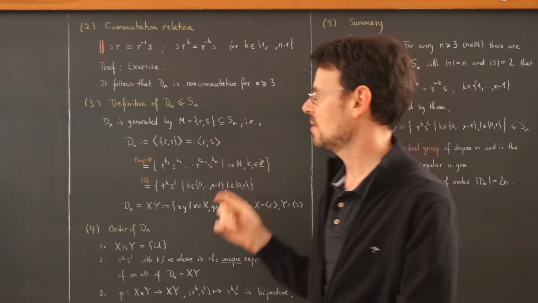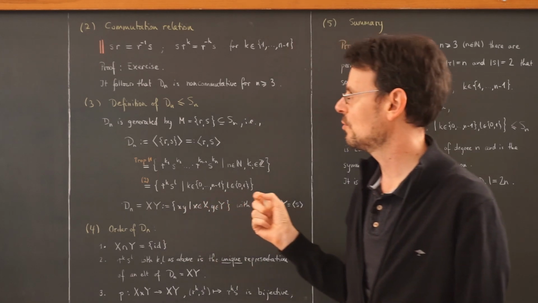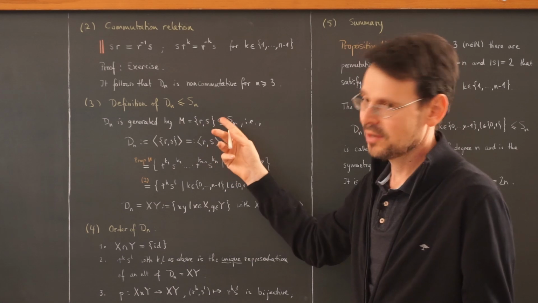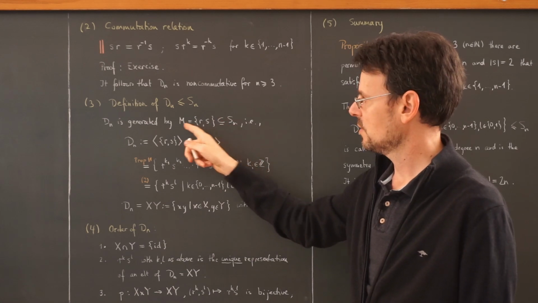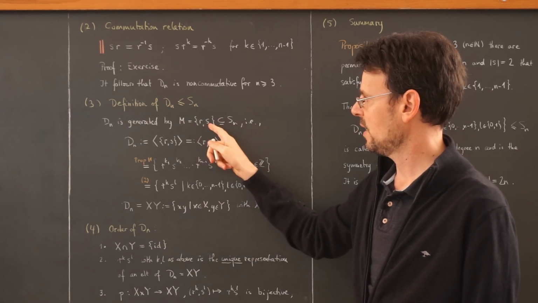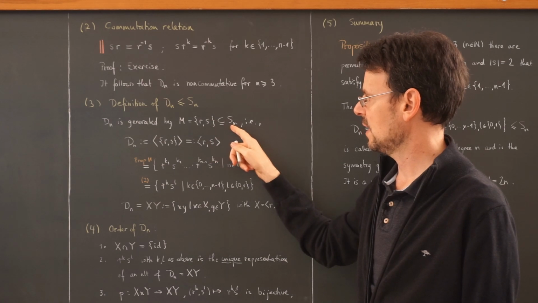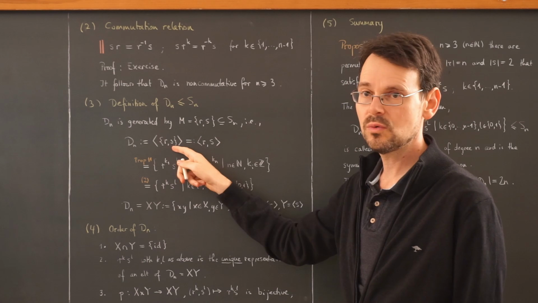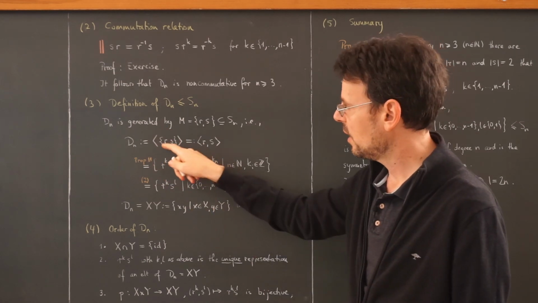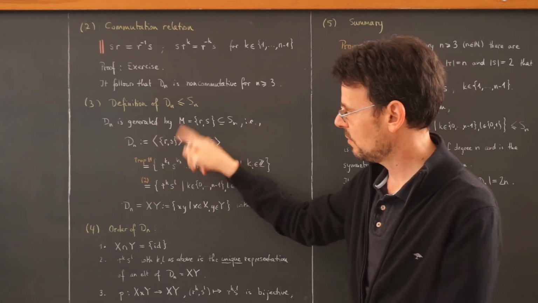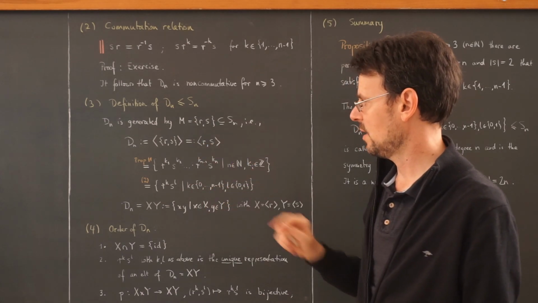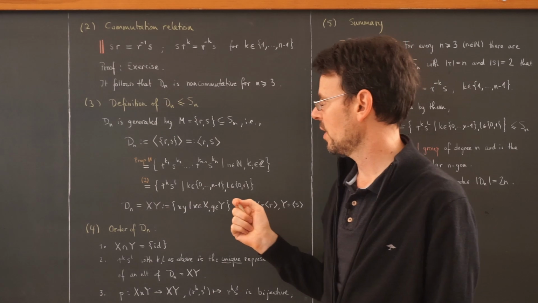All right, now for the definition of Dn as a subgroup of Sn, we take the two generators, hence the name. So the set consisting of R and S, this clearly is a subset of Sn, and then we take the subgroup defined by those two as defined before, and here to shorten notation we leave away these set brackets and simply write it like that inside the pointy brackets here.